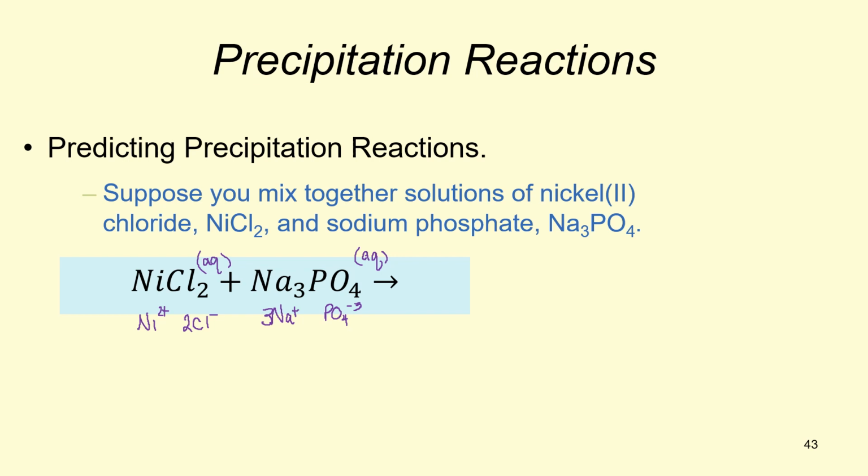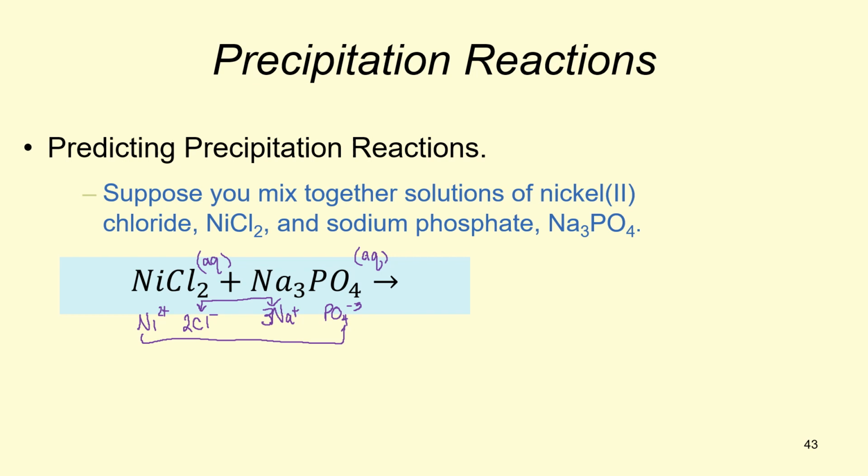However, there's a couple other combinations of these ions. Right now the nickel goes with the chloride and the sodium goes with the phosphate, but we could swap partners. The two negative ones won't go together, and the two positive ones won't go together, but we can swap and put one positive with the other negative.